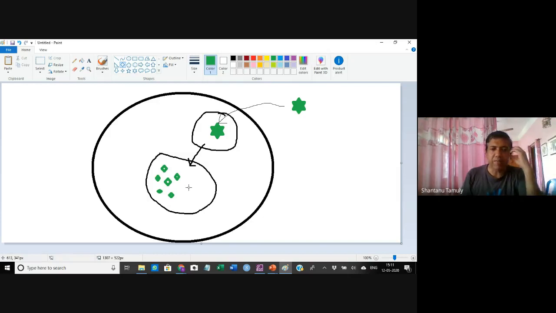Now these antigenic peptides are loaded into the MHC complex.